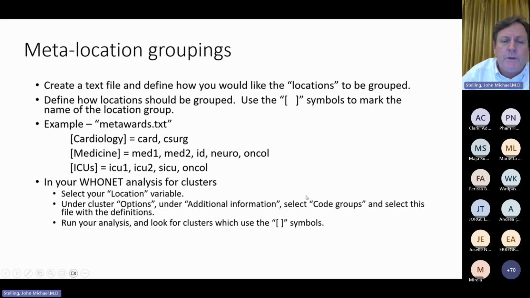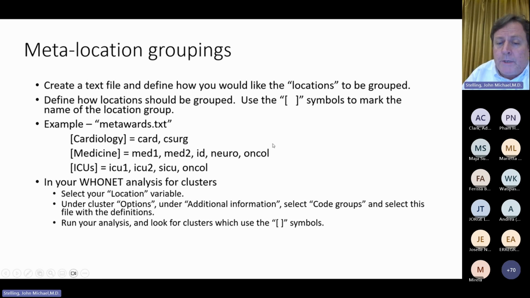Cardiology is going to include cardiology and cardiac surgery. Medicine is going to include Med 1, Med 2, infectious disease, neurology, and oncology. ICUs will be ICU 1, ICU 2, surgical intensive care unit, and I can also put oncology if you feel that's appropriate. I did that just to demonstrate that you don't have to put one location in one group.